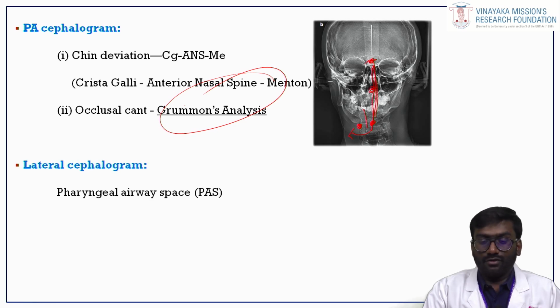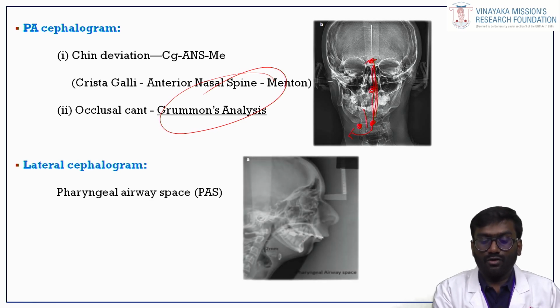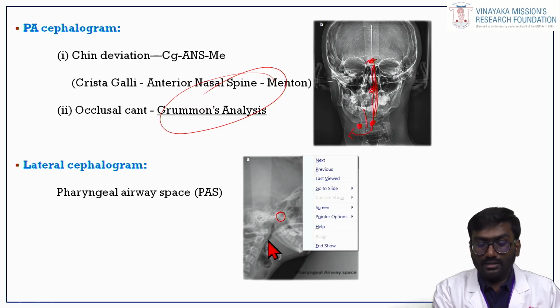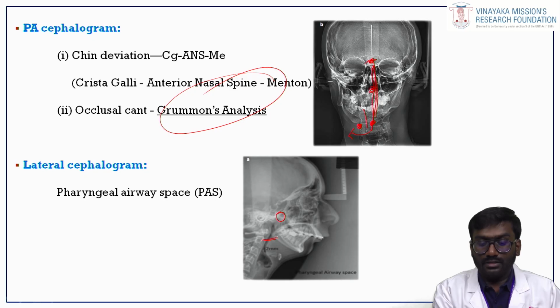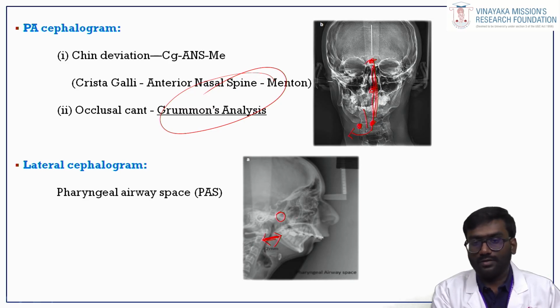And lateral cephalograms are very useful, because as I told, in these patients when ankylosis happens, the mandible is not growing, as a result of which the posterior pharyngeal airway gets reduced. So these patients suffer breathing problems. They will have something called obstructive sleep apnea. To quantify this, lateral cephalograms were useful earlier.